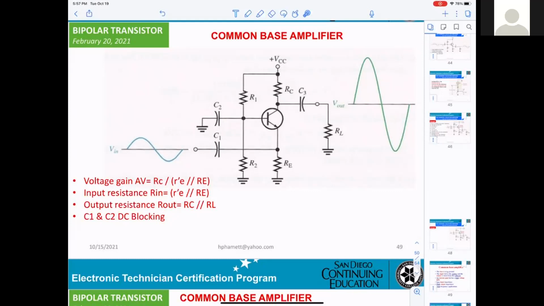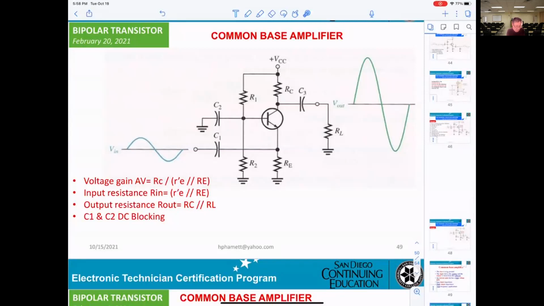Does this configuration have a high output impedance? Yeah, but the gain is really large too, is that correct? Exactly, high voltage gain. That's the only thing you need to memorize, the characteristics for the common base amplifier. You won't have a chance to go into detailed calculation; if you can do it, that's the best.